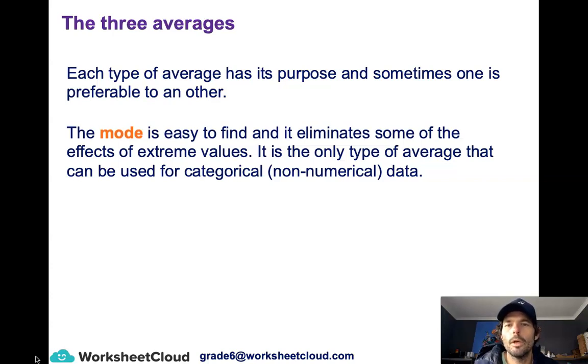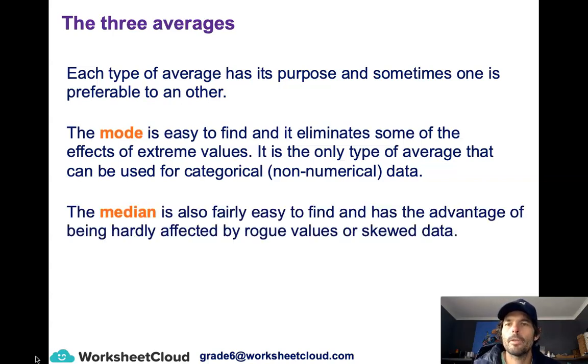It's used for categorical or non-numerical data, and we've covered that in a previous lesson. If you don't remember the mode, I encourage you to go back and have a look at that lesson so that you can brush up on that information.